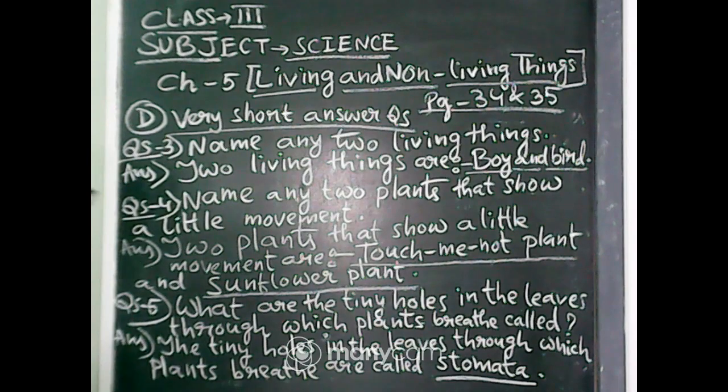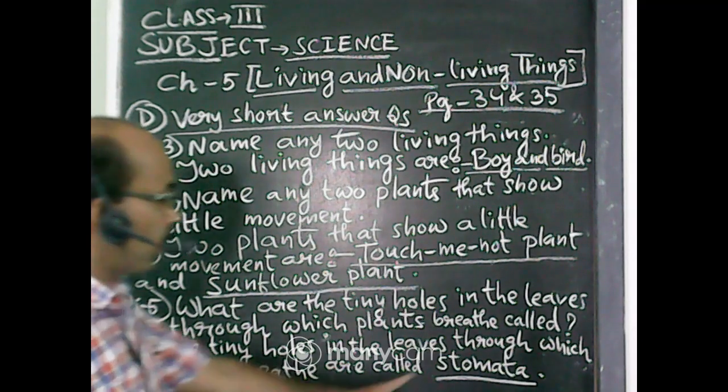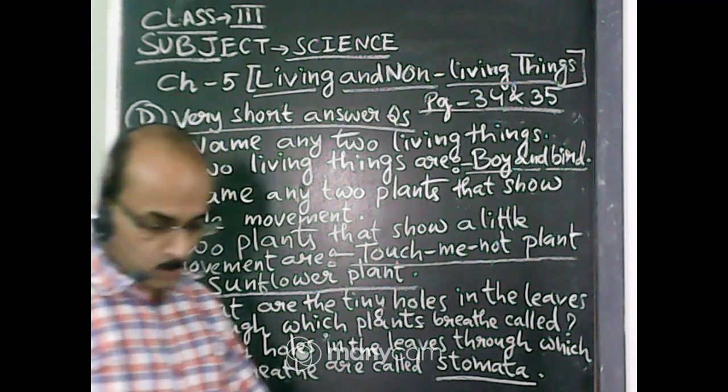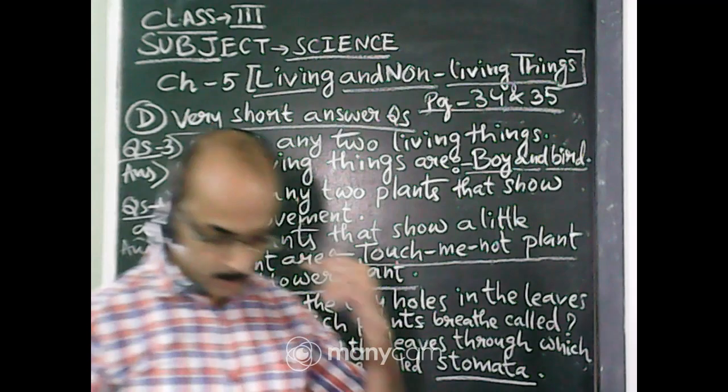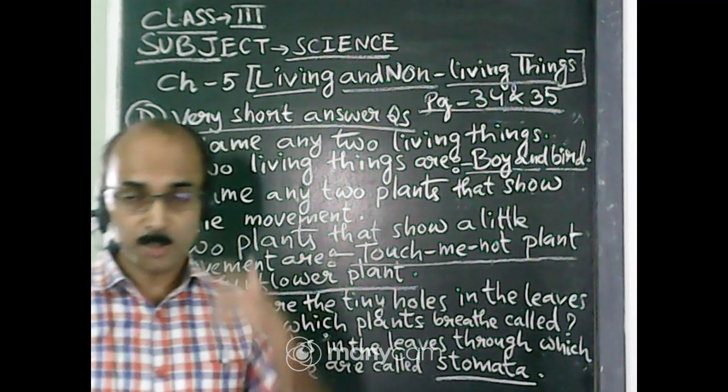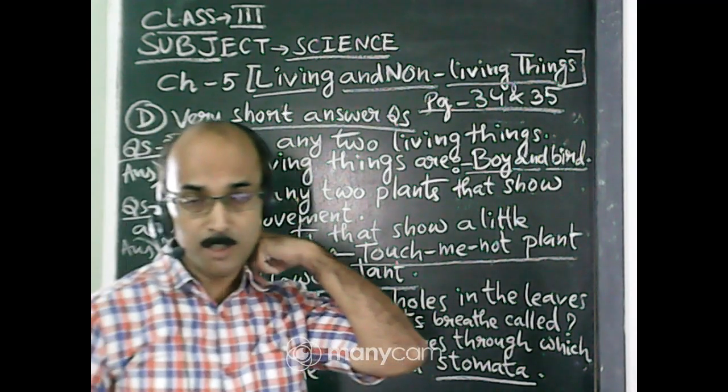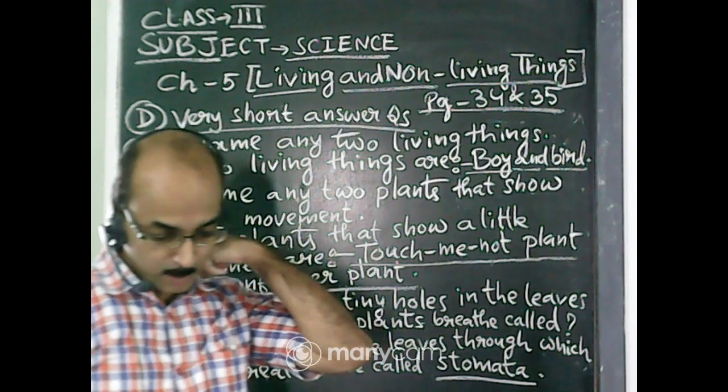I have underlined that one. So I'll repeat: the tiny holes in the leaves through which plants breathe are called stomata. So today we will do up to this, we have completed section D, very short answer questions.